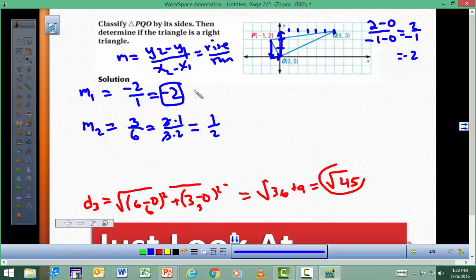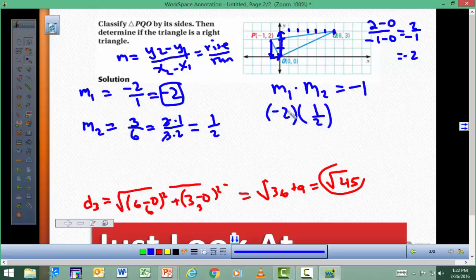And as we might imagine, slope number 1 times slope number 2 does equal -1. Take a look here. We have -2 times 1/2. Well, 1/2 of 2 is 1, and of course this negative makes it a -1.